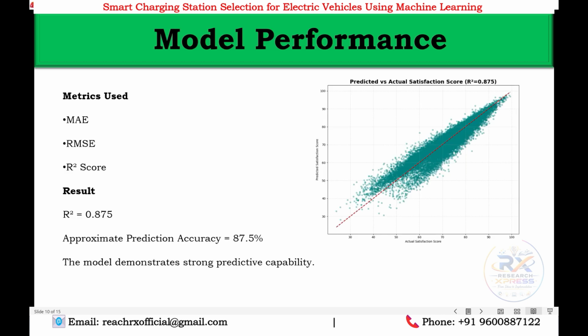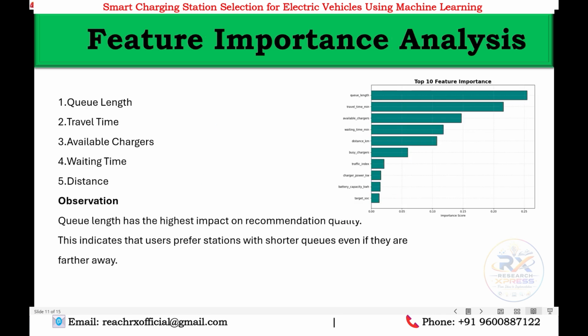Next, model performance. The metrics we have used are MAE, RMSE, and R square. The R square score is 87.5%. The predicted versus actual satisfaction score is 87.5%. The model demonstrates strong predictive capability from the XGBoost method. This is the feature importance analysis.